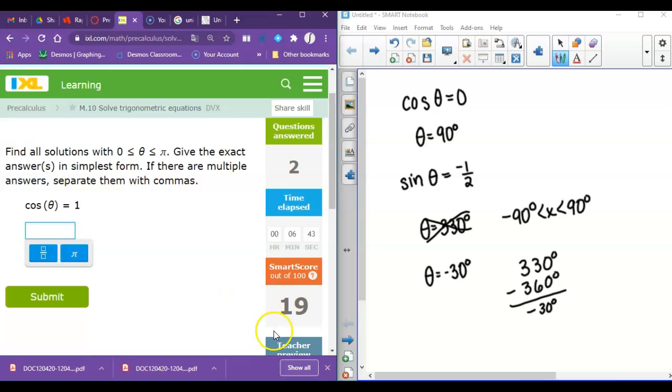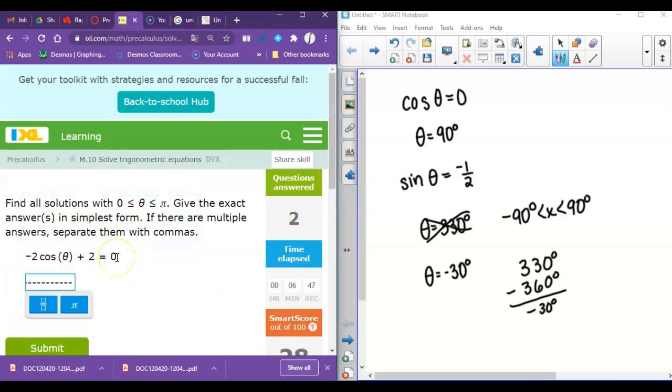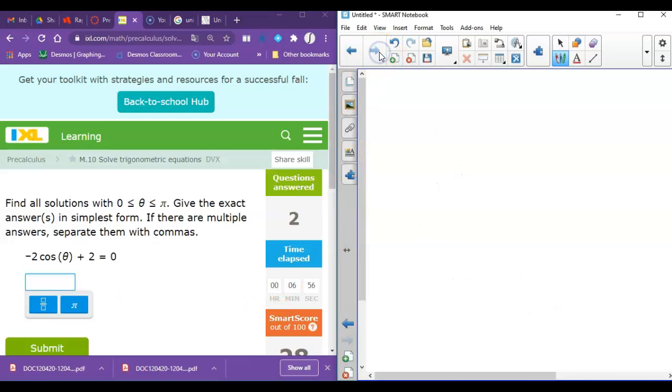I'm going to skip ahead to the next type of problem that you'll see. Alright, so this time we've got to do a little bit more work for this problem. We've got negative 2 cosine of theta plus 2 equals 0.